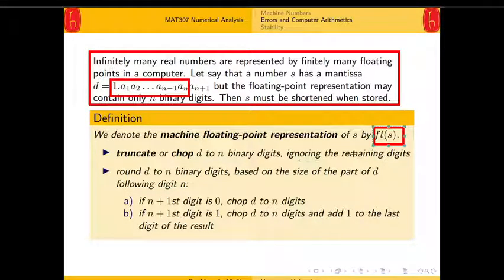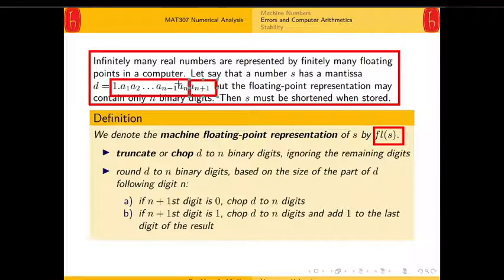This means we ignore this part basically. a_{n+1} will be dropped, and then we will obtain a shortened version of this number and store this number instead. Or the other option is rounding, where we round d to n binary digits.